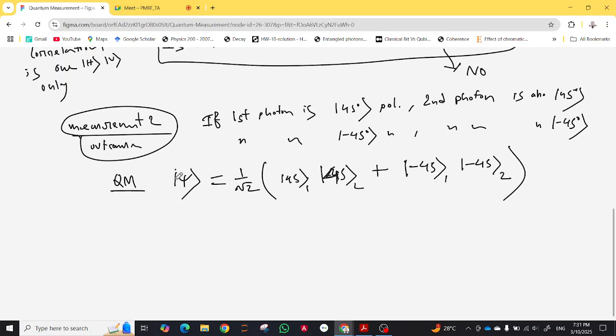If you write the wave function of your source in this form, then you can explain your experiment outcome. Now with hidden variables, can you explain?